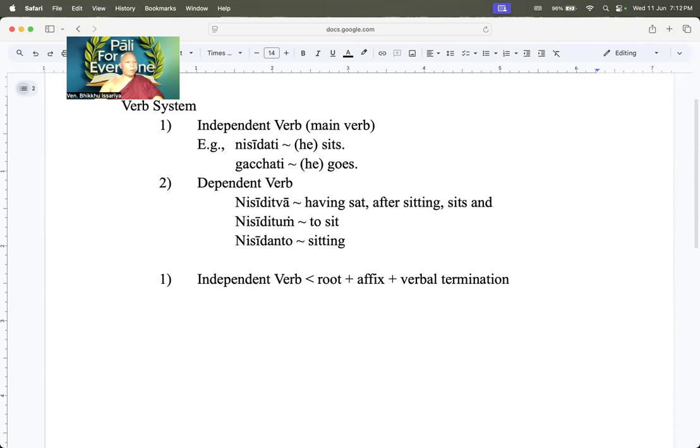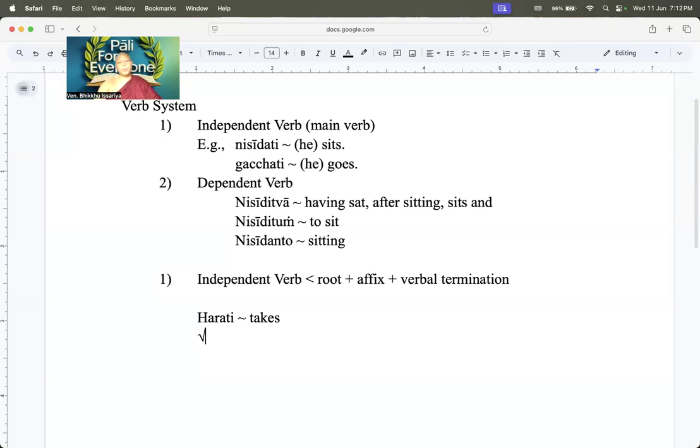So for example, one verb we will say harati. Harati means takes. So that verb includes three parts.